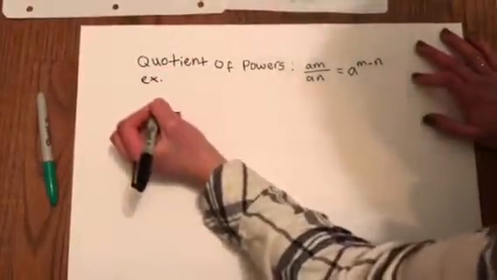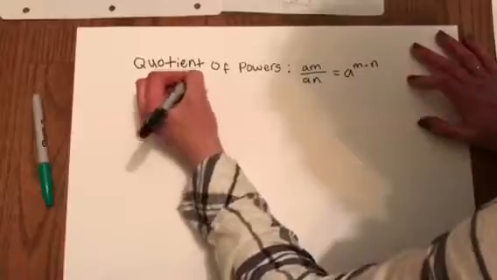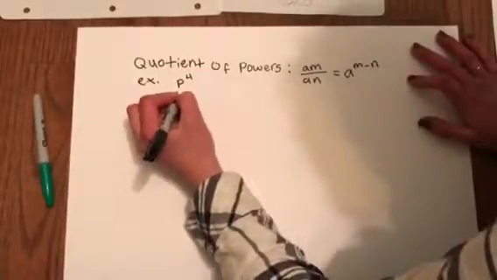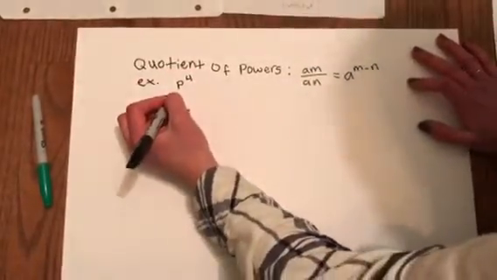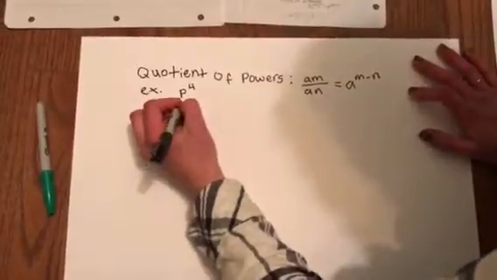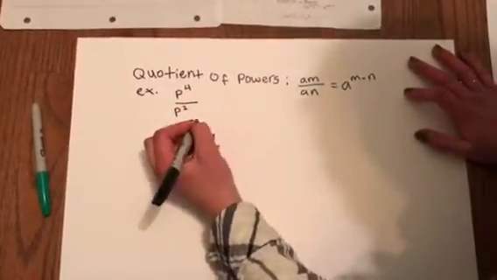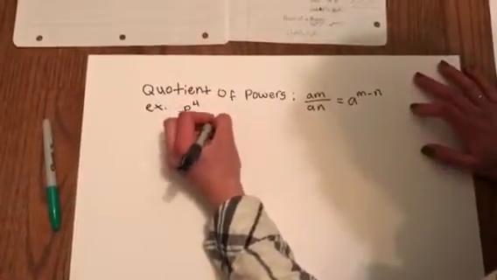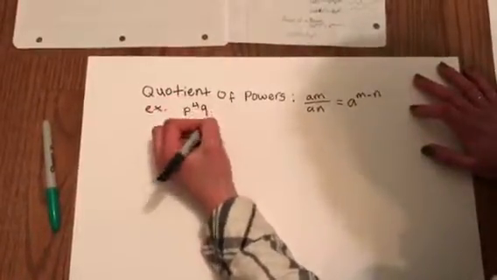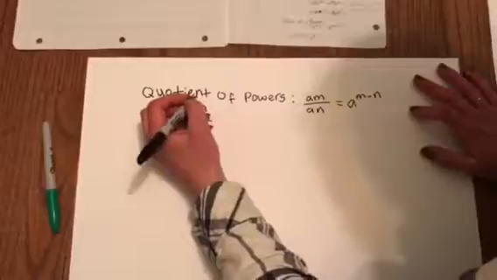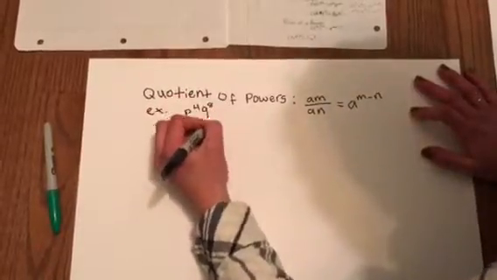An example of this is P to the 4th Q to the 8th over P to the 2nd Q to the 5th.